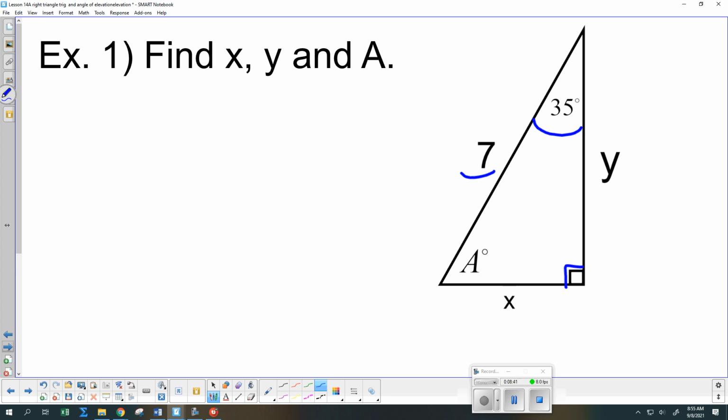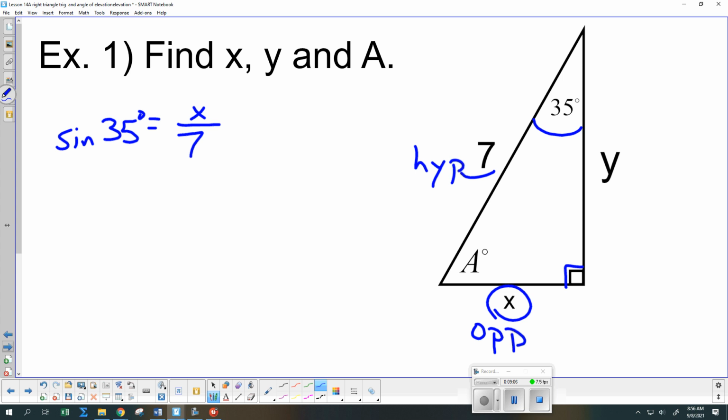For 35 degrees, X is the opposite. So which ratio uses opposite and hypotenuse, everybody? Sine. So we write down the sine of 35 is opposite over hypotenuse.